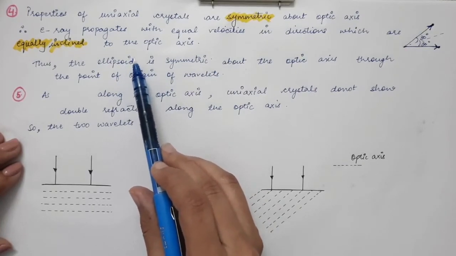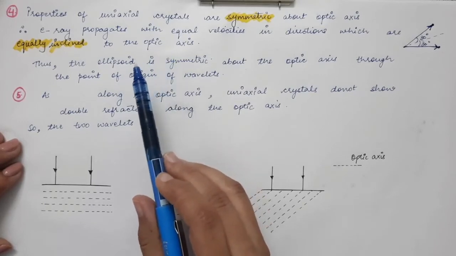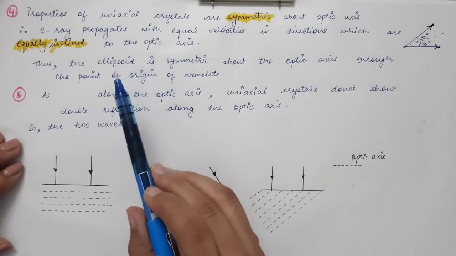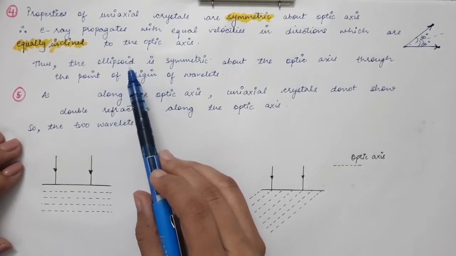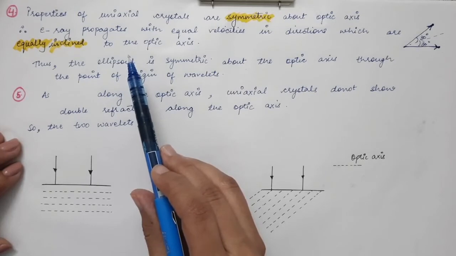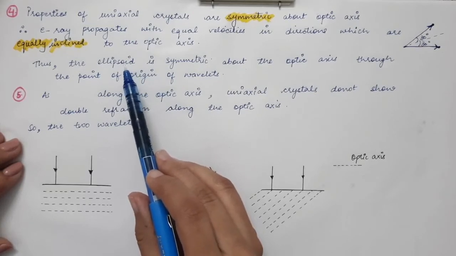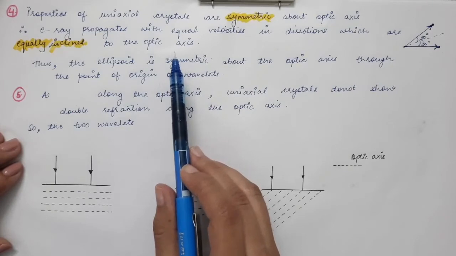Along the major axis, the E ray travels with the larger speed, whereas along the minor axis the E ray travels with the minimum speed. So it will travel a lesser distance along the minor axis in the same amount of time as compared to when the E ray was traveling along the major axis.